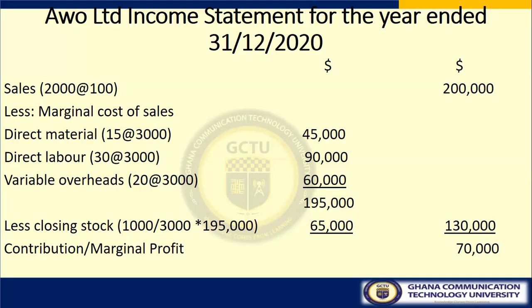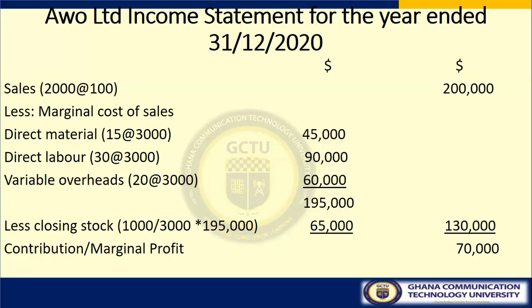You have your sales, you less all your variable costs. You add all of them. Then if you have a closing stock, you less it from your total cost of production before you less the result from your sales.